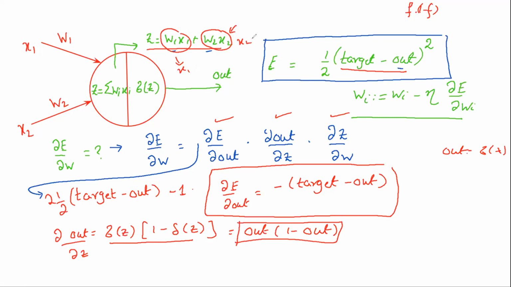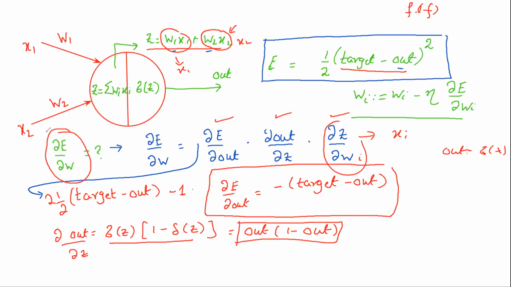Okay, so in other words, if I have many terms here, all those terms will end up 0 except only one term. In other words, if I'm computing derivative with respect to wi, the output I get is xi. Means if I'm computing derivative with respect to w1, output will be x1. Derivative with respect to w2, output would be x2. So in order to generalize it, I can represent it as xi. Now you see, I have to multiply all these three terms together, and then if I multiply them together, I will be able to find this.